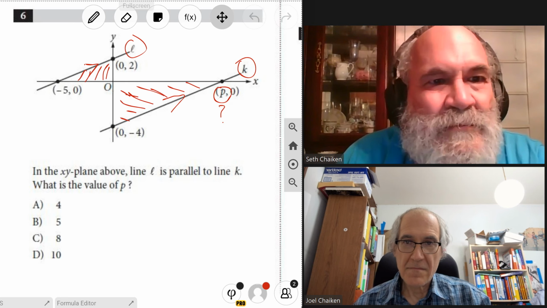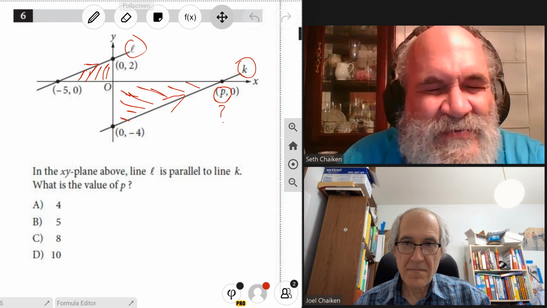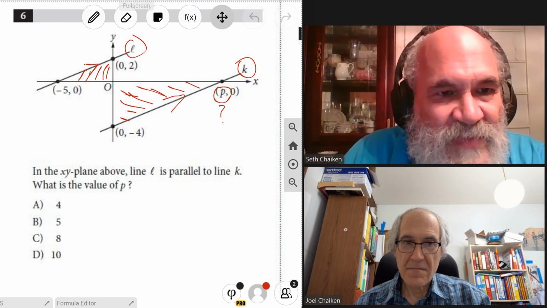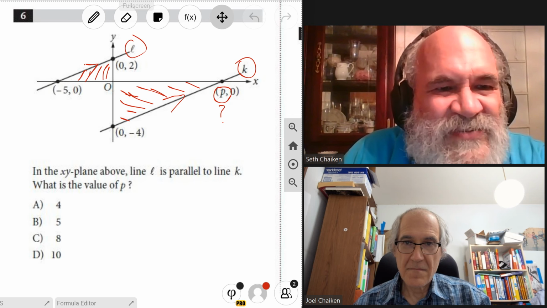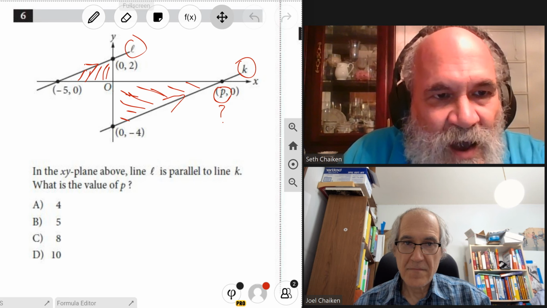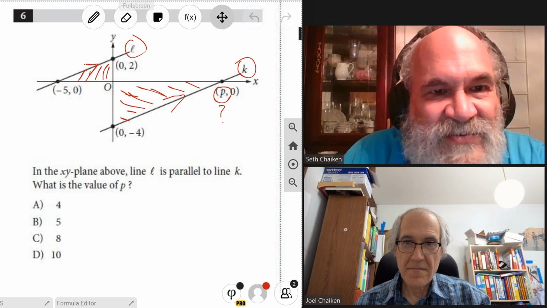That means corresponding lengths of sides are proportional. The skinny angle is opposite the segment from the origin to this point, and similarly, the skinny angle is opposite the segment from the origin going down.